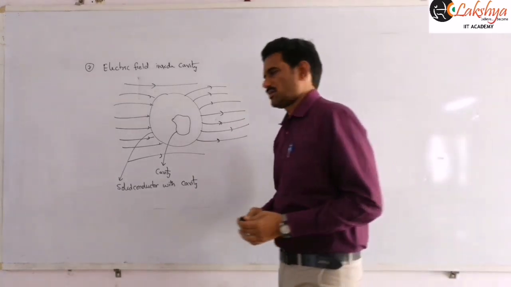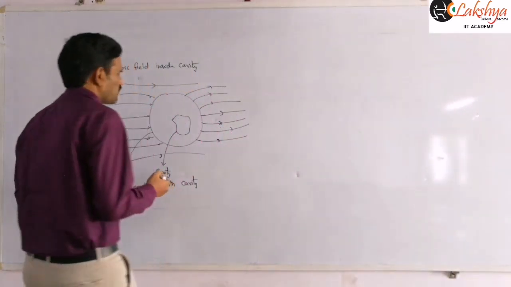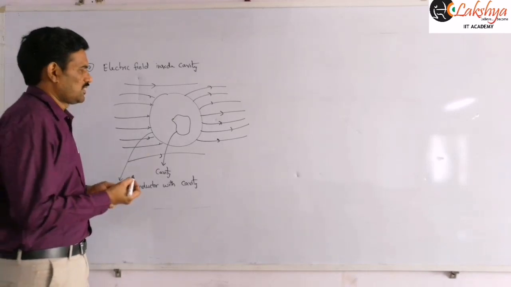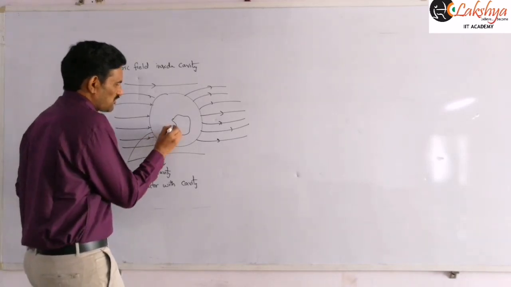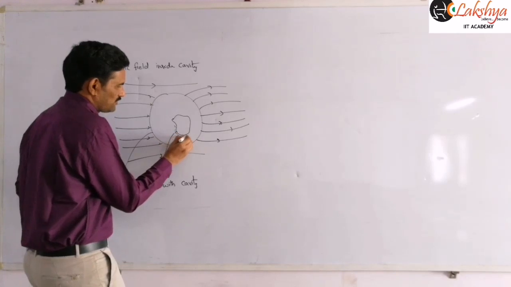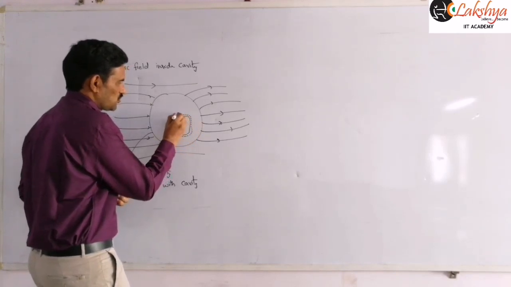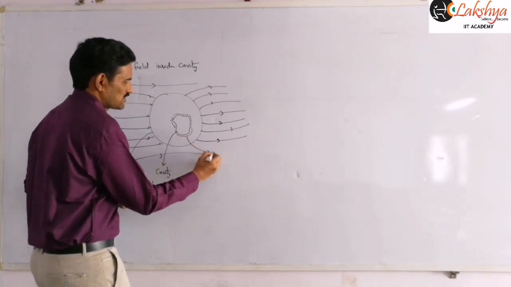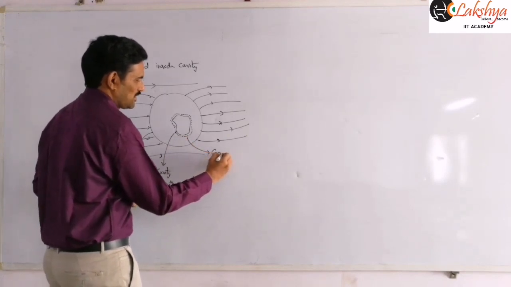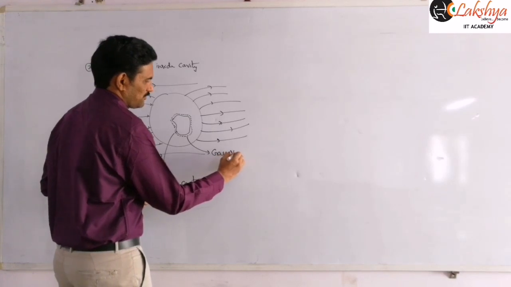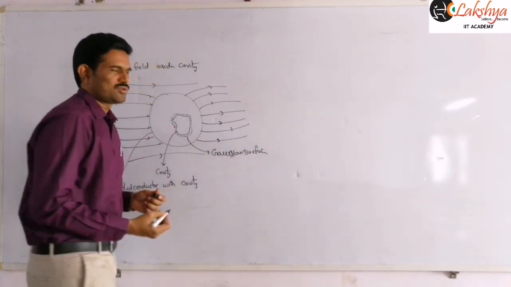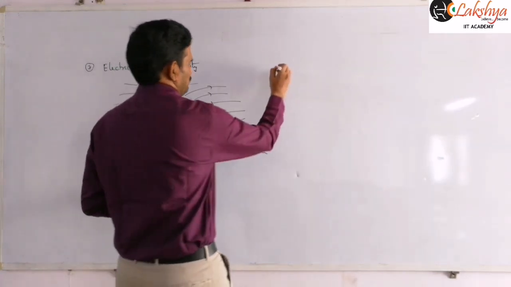Let us consider here. Suppose you assume that some electric field is present. Now I am taking a Gaussian surface just around the cavity, just outside the surface of the cavity. This dotted line is our Gaussian surface. So now let us apply the Gauss law.